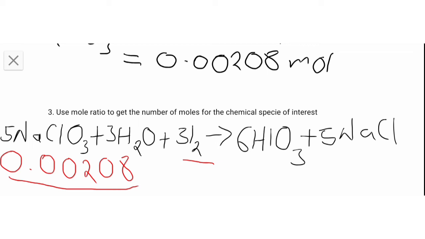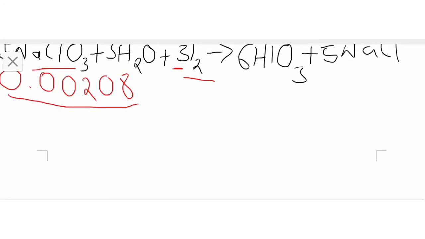Let's calculate the number of moles of iodine using the mole ratio. We're going to start with what we're calculating for. We want to get the number of moles of iodine, so the coefficient in front of iodine is supposed to be on top.